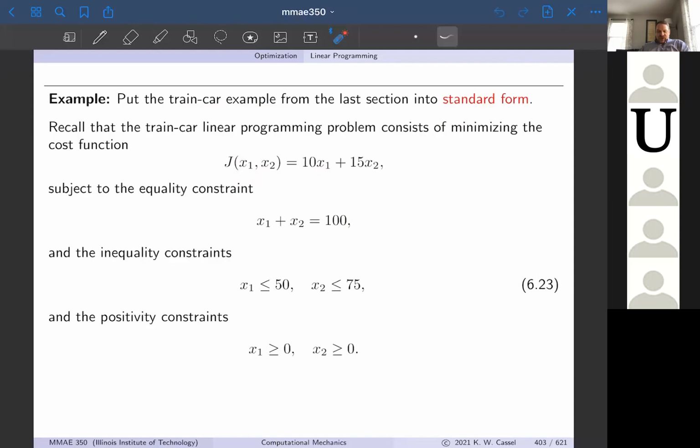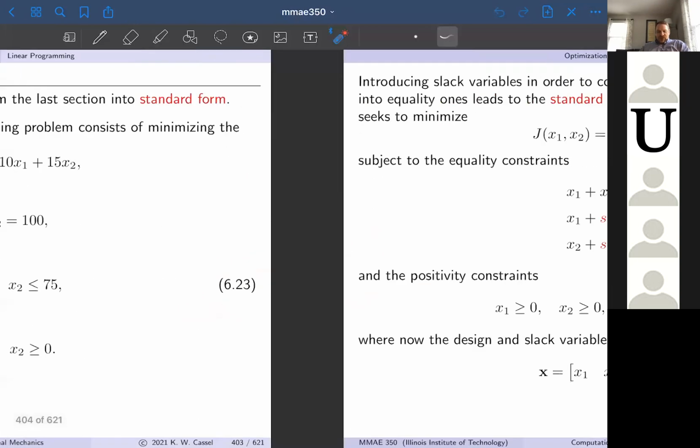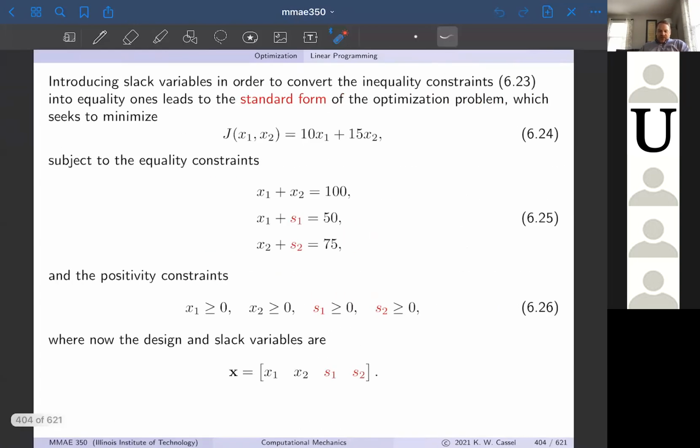To put it in standard form, we need to convert our inequality constraints into equality ones using our slack variables. All right, so we have our objective function or cost function that doesn't change. We have our equality constraint, x1 plus x2 is 100. And then x1 has to be less than or equal to 50. So that means there is some slack variable, some positive value s1, that when I add it to x1 is equal to 50.